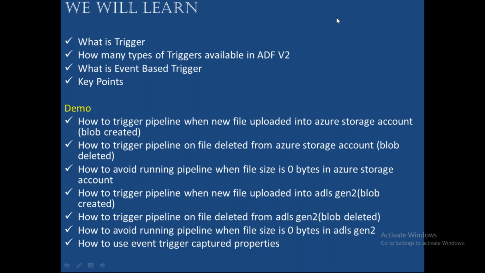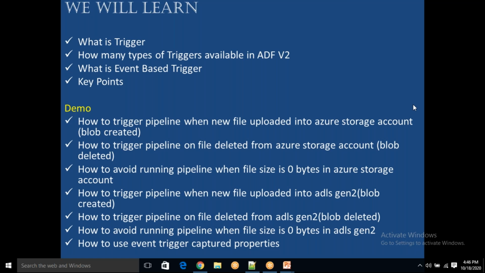Yes. What is the need, if the file gets deleted, for the pipeline to trigger? What is the need to run that pipeline? For example, whenever some deletion happened, you may want to send a notification by using some pipeline. For such notifications, you need to run a pipeline.